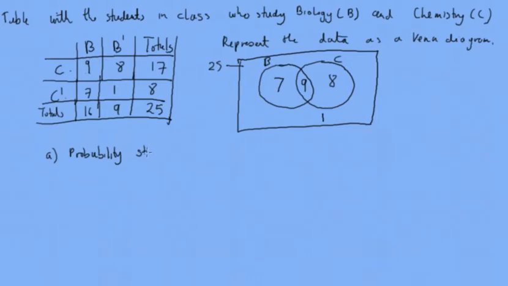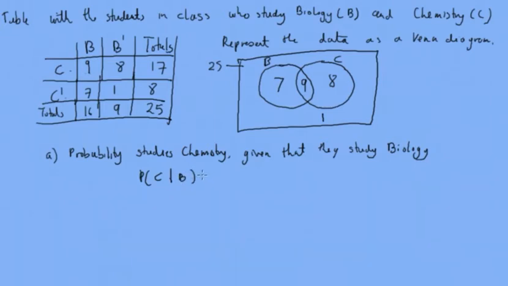Now, we're going to use our Venn diagram to find, firstly, the probability that somebody studies chemistry given that they study biology. So the probability they study chemistry, given that, so conditional probability sign, they study biology.